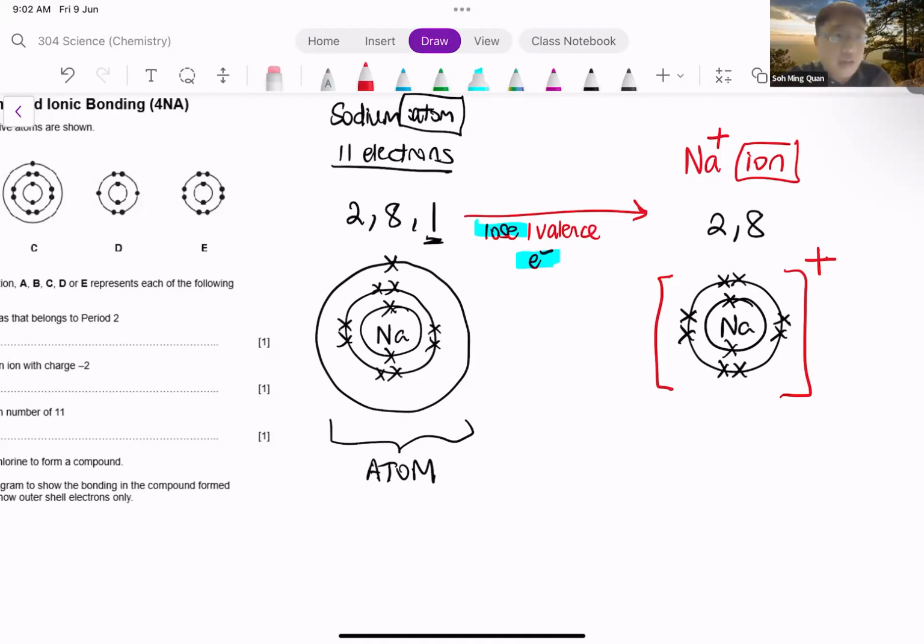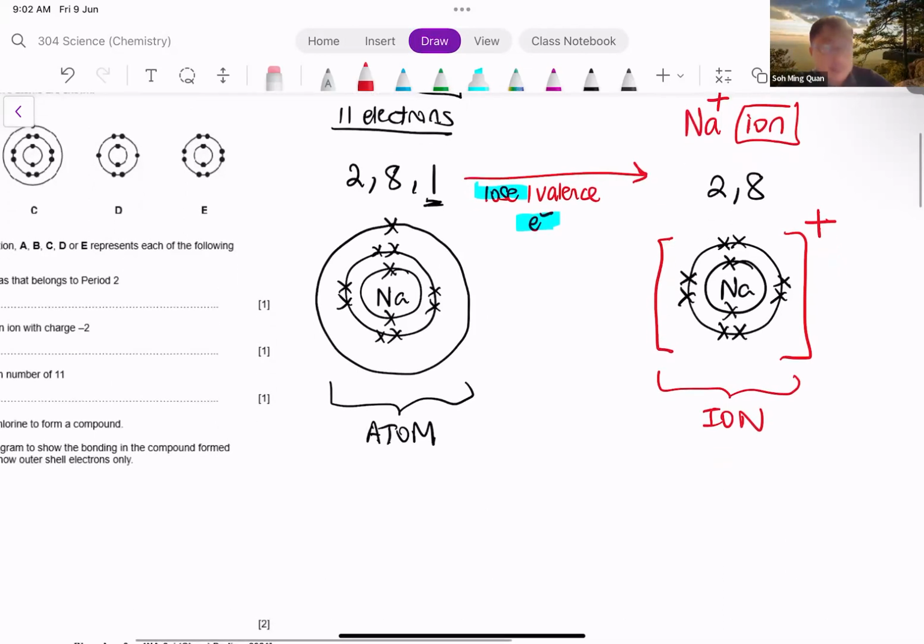But if we ask you to draw the electronic structure of a sodium ion, draw the one on the right. You should not be drawing both. The question will stipulate clearly what to draw, so you must know which one to draw. Atom is the one on the left, before losing electrons. Ion is the one on the right, after it has lost one electron and gained this positive charge.